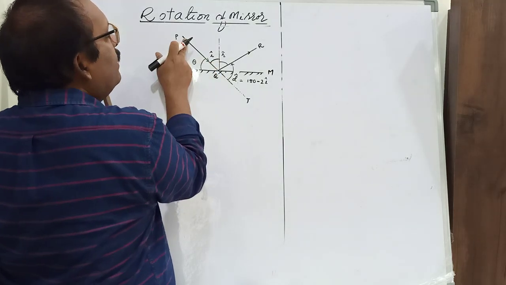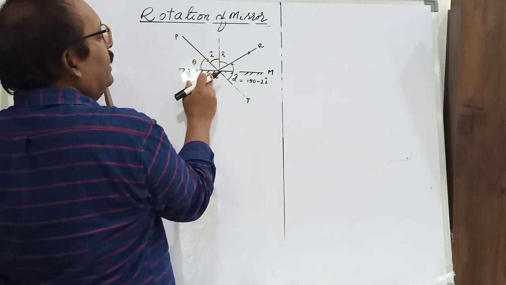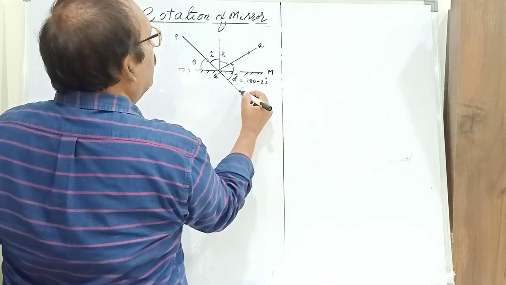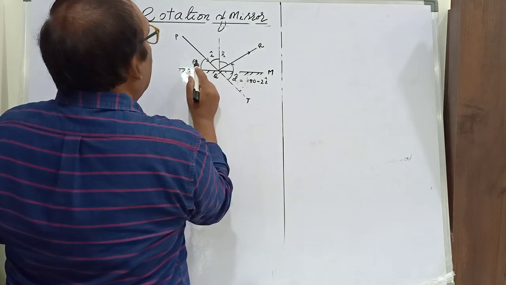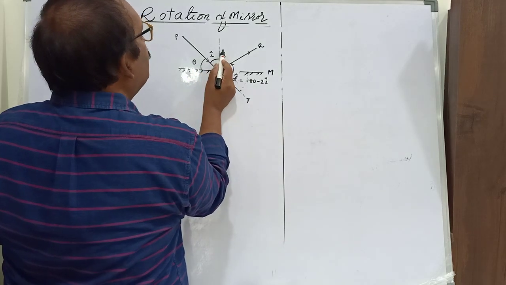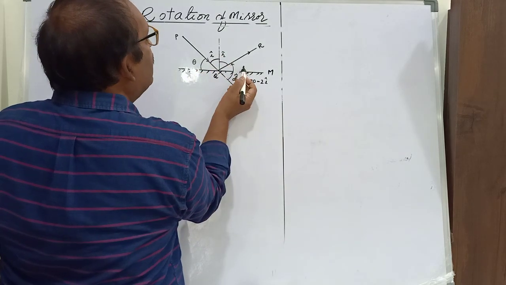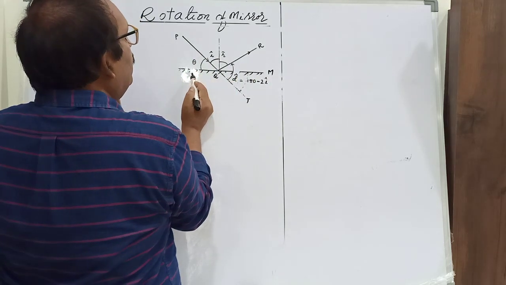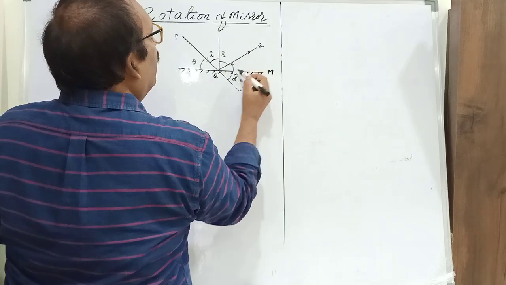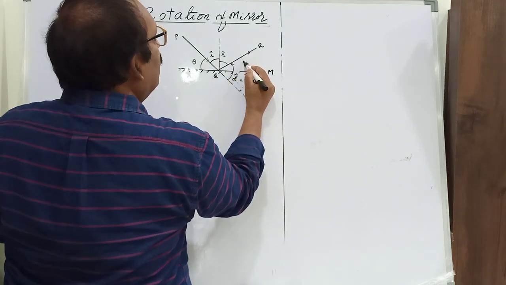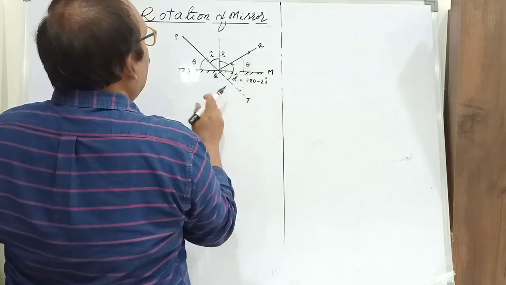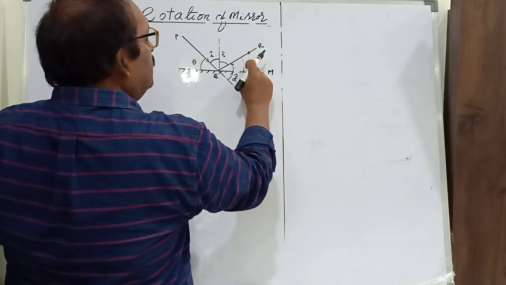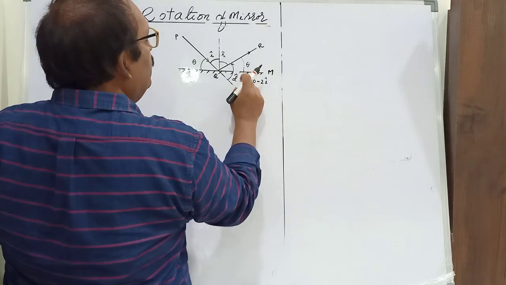Glancing angle is the angle made by the incident ray with the surface of the mirror. So if this is theta, this is also theta. As angle of incidence equals angle of reflection, the glancing angles on either side must be the same. The incident ray makes an angle of theta with the plane of the mirror, and the reflecting ray must also make an angle of theta.